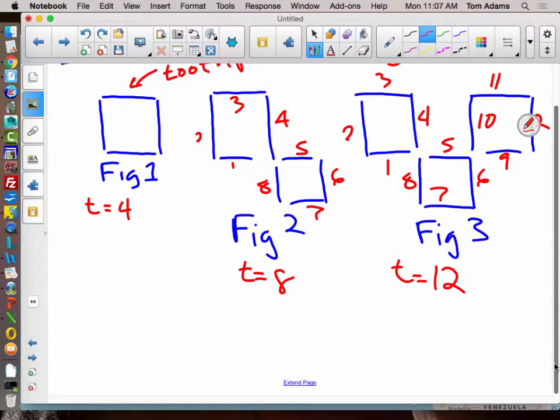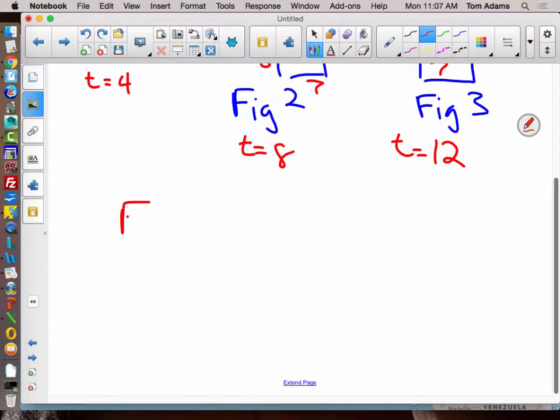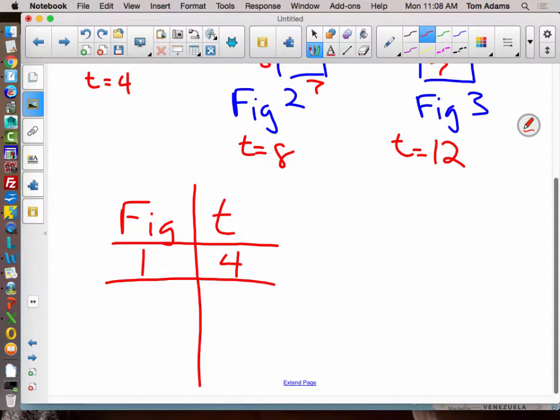So I could represent this another way. Now we want to do some algebra. So one thing I could do is I could say figure and then the value for t. So figure 1, I had 4. For figure 2, I had 8. For figure 3, I had 12.